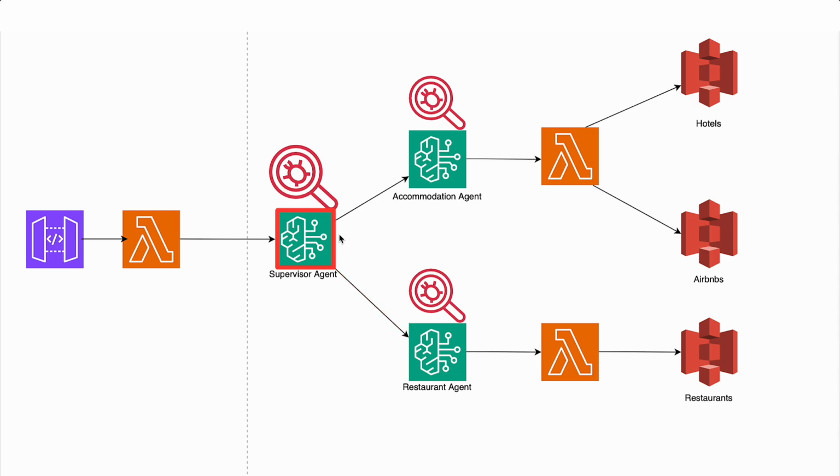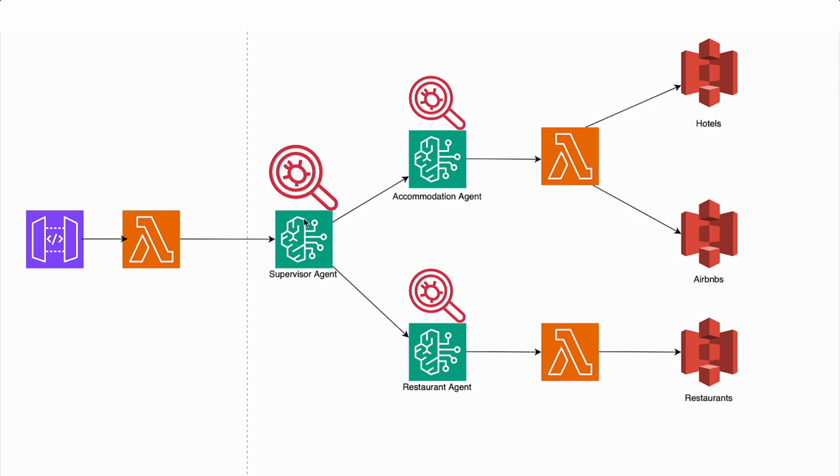Now, if the supervisor agent doesn't have all the information it needs, it's going to ask the user for more information. And we're going to implement that through a chat session, which is going to be really interesting. So we're going to be able to chat with the supervisor agent.